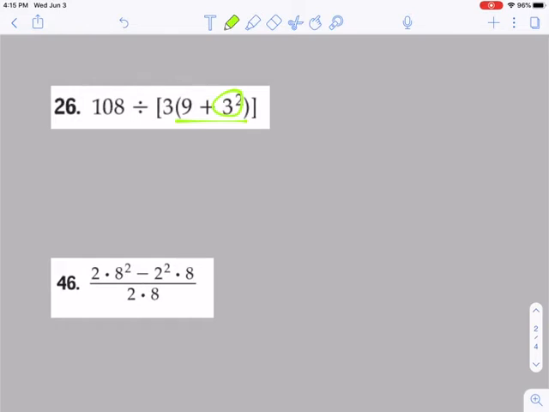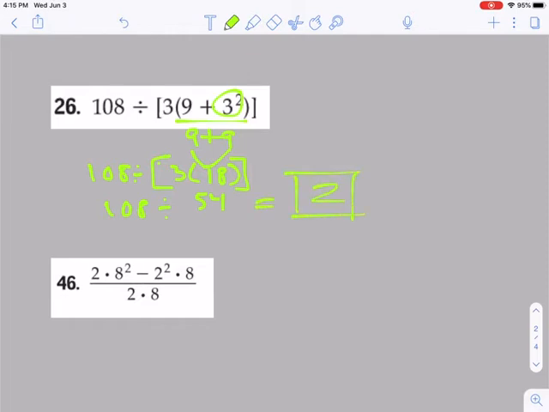So let's do 3 squared first. So you get 9 plus 9, and that gives us 18. And so now you have this 3 times 18 all inside the brackets. Well, 3 times 18 is 54. Right, so you have 108 divided by 54. Once you figure that out, you can drop the brackets. And 108 divided by 54 is 2.